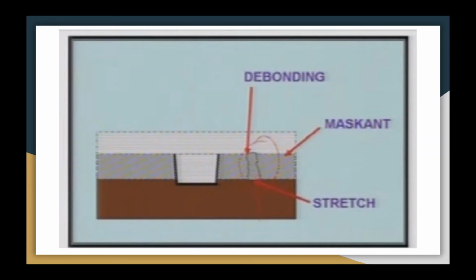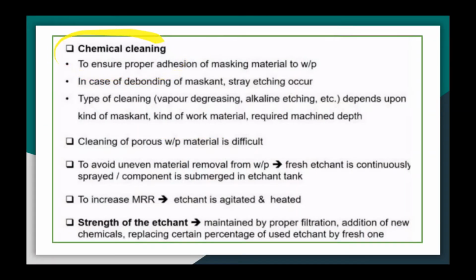Okay, so one should be very careful, and one should check carefully that there is no cracking, no debonding of the maskant from the workpiece, so that the material does not get removed from the undesirable area. And to ensure proper adhesion of the maskant on the workpiece, chemical cleaning is needed.